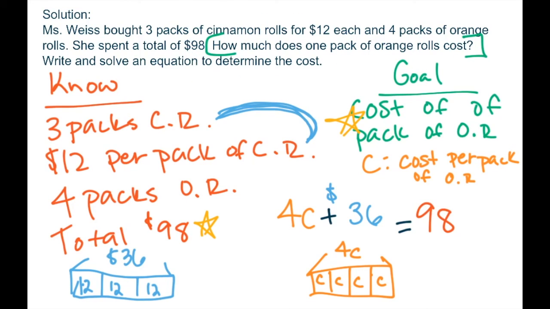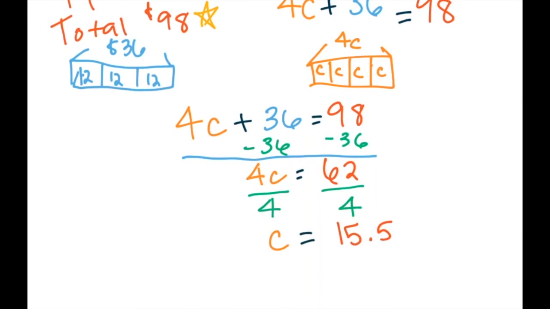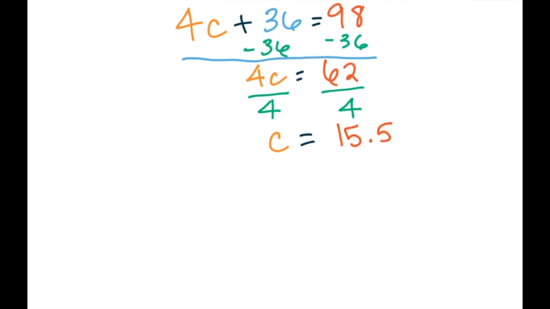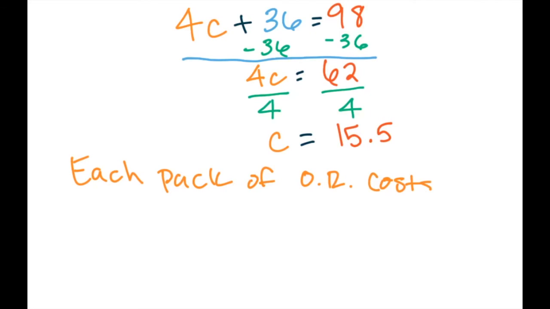And we used C to represent the cost per pack. So the C equals 15 and 5/10. What that actually means is that each pack of orange rolls cost $15.50.